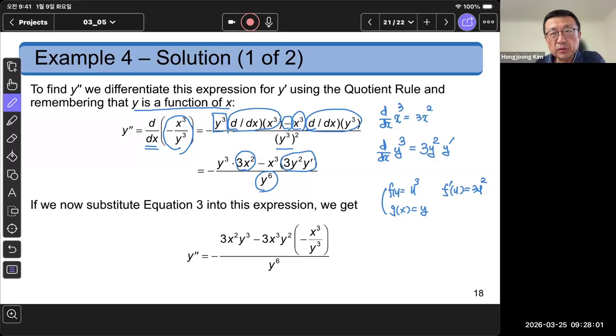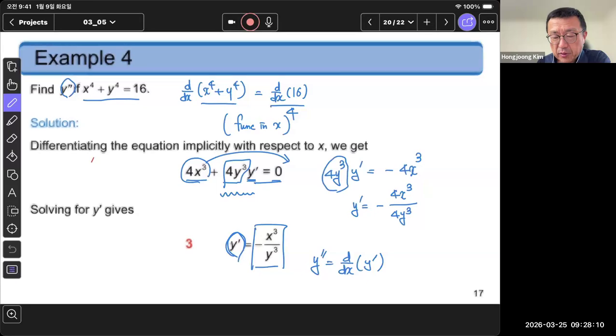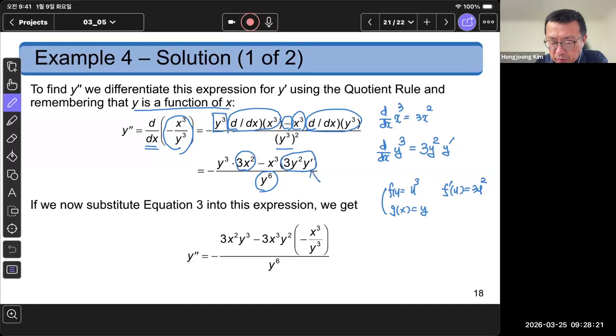Now in this expression, y prime is known, because that's what we got from the previous slide. y prime was negative x cubed over y cubed. If I plug that expression in for y prime, then we get this.